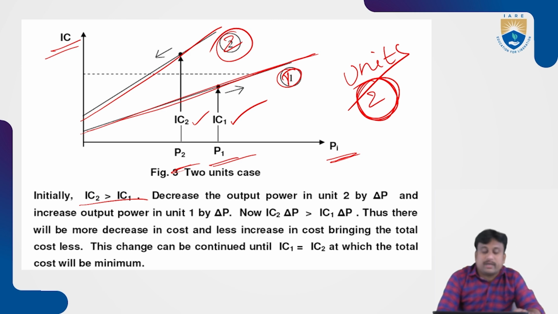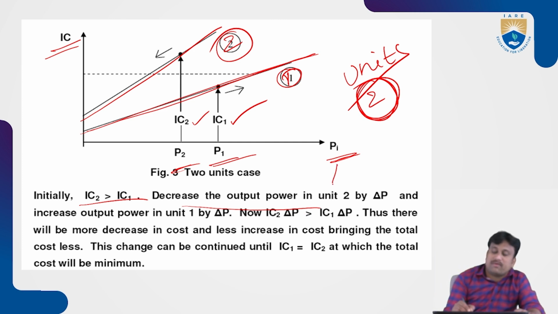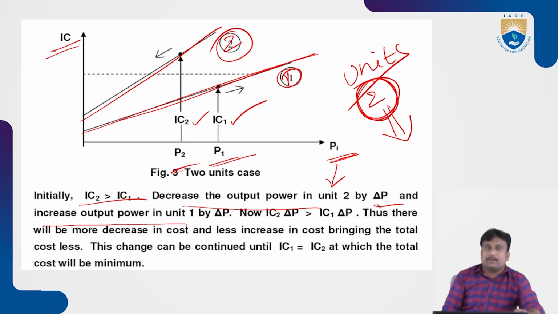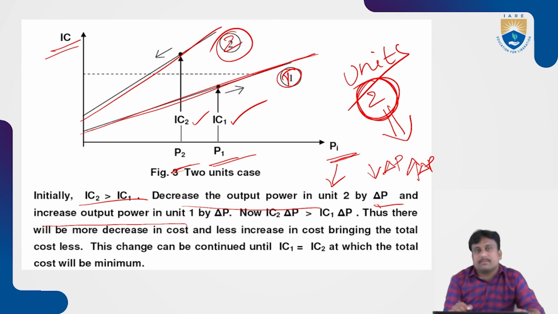There will be a decrease of output power in unit 2 by delta P, and an increase of output power in unit 1 by delta P. These two will happen simultaneously.